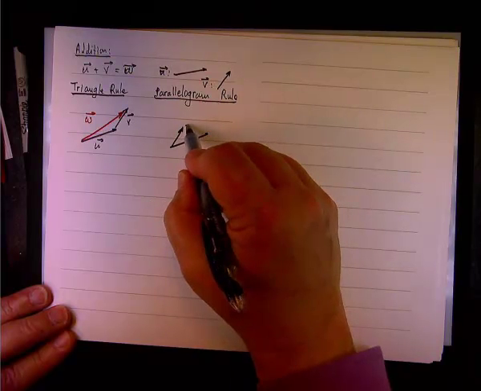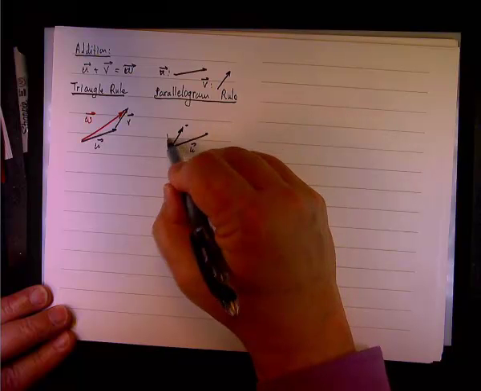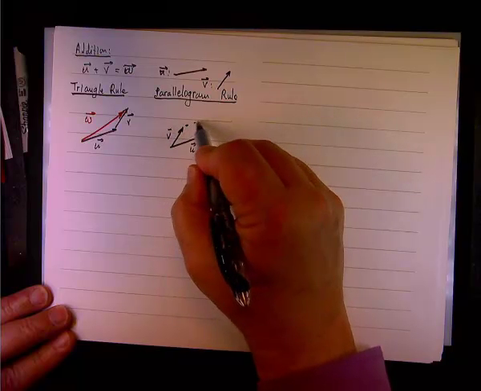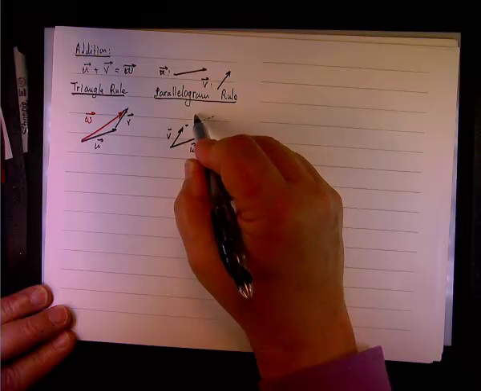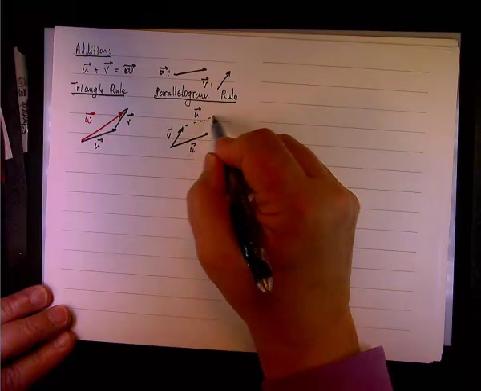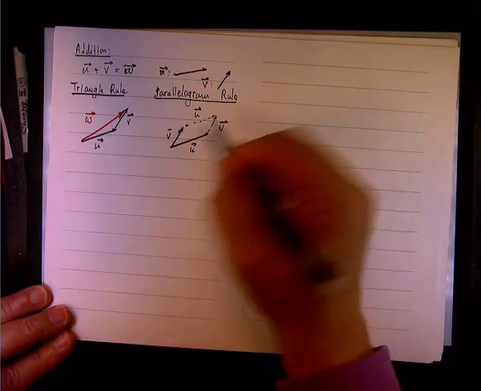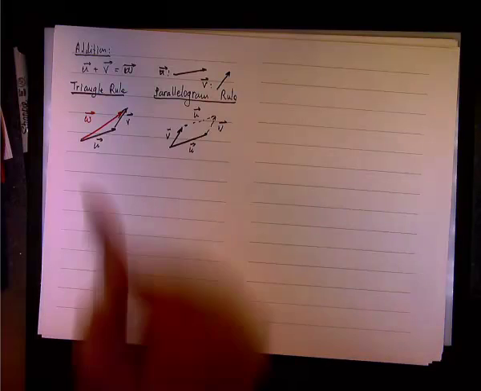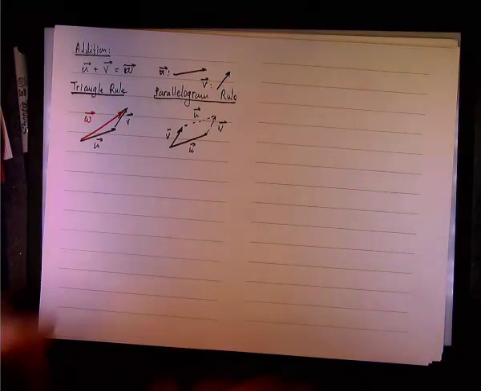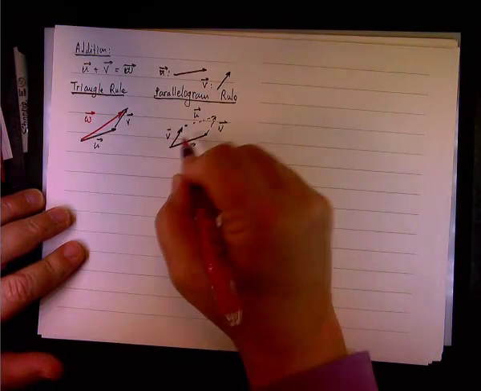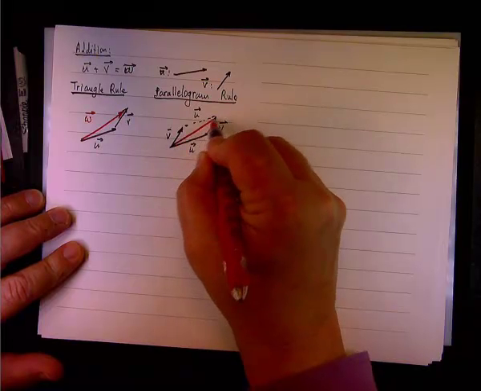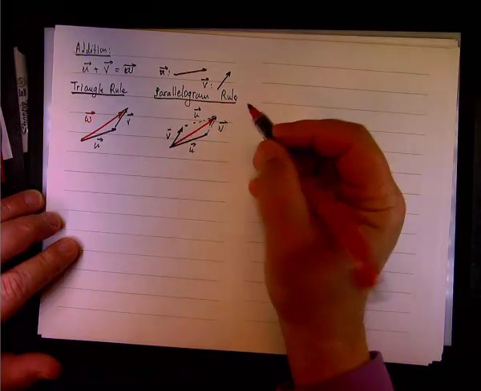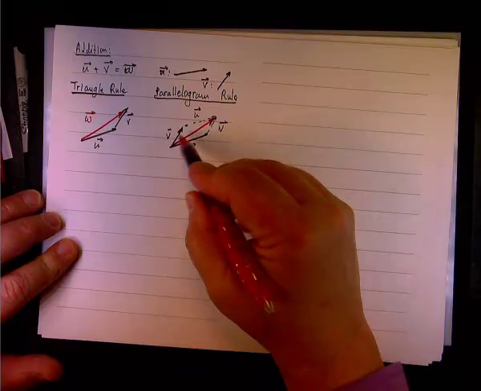And then we draw another vector u parallel to the original vector, and we close the parallelogram by drawing a vector v parallel to the original vector v. The result is simply the diagonal.